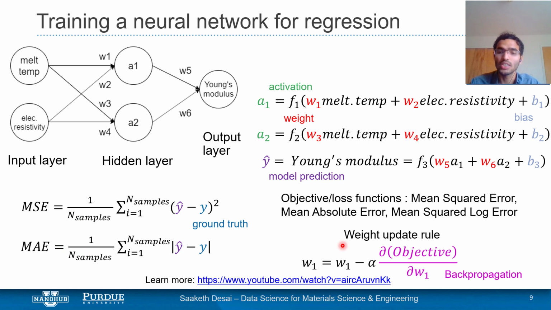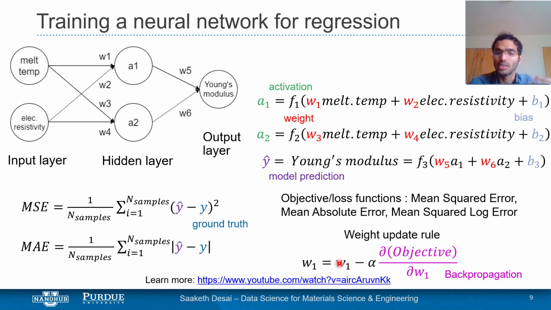And the way to do this is using a weight update rule. This is a simple version of gradient descent if you're familiar with optimization algorithms. If not, it is just a scheme to update the value of a weight from whatever its initial value was to a new value that will give us a lower mean squared error, for instance.